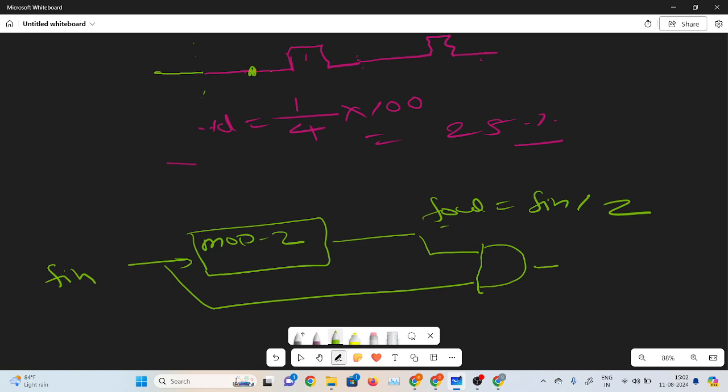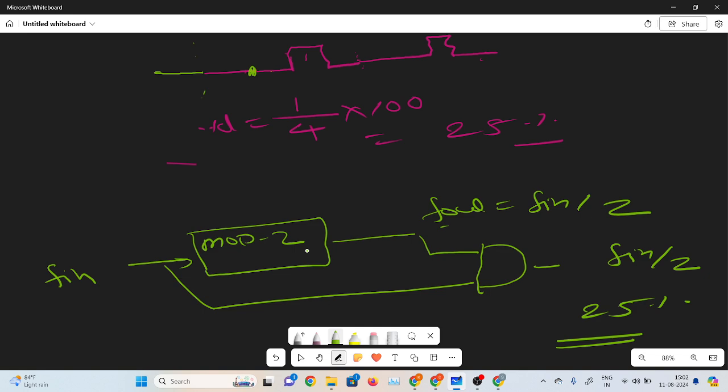So this is the f in by 2 circuit, but with 25% duty cycle. The main motive of this example is how we can change the duty cycle. Okay, so just by adding an extra gate sometimes, that is the AND gate or OR gate, like that we can change the duty cycle.